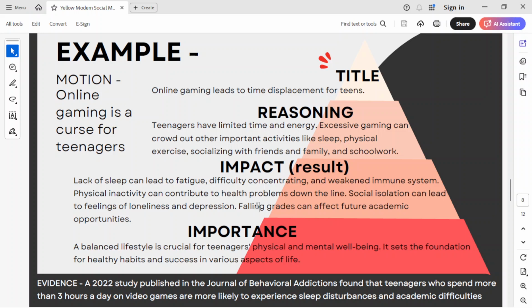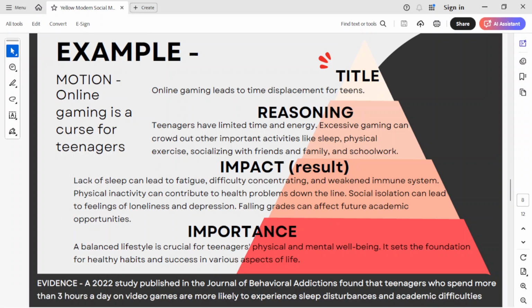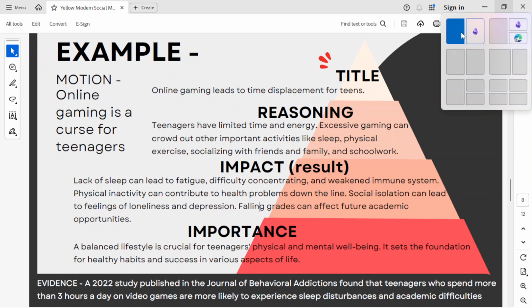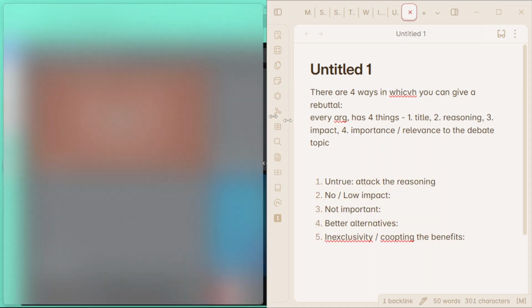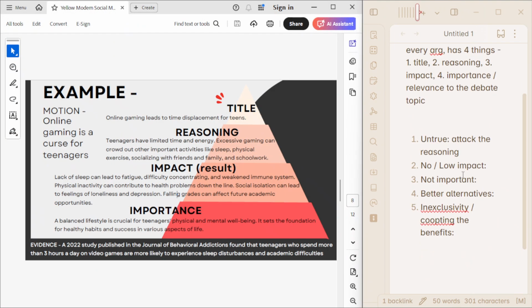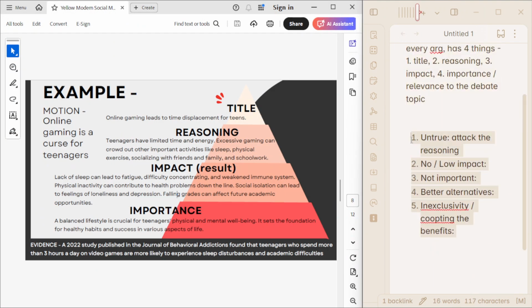Now, what I'm going to do is give you both 2 minutes. It's 4:53 right now. I'll ask you again at 4:55. What I want you to do is rebut this argument using any of these approaches, whether you say it's untrue, or say that it has low or no impact, or say that it's not that important to the topic, or say that there are better alternatives, or say that it's inexclusive.